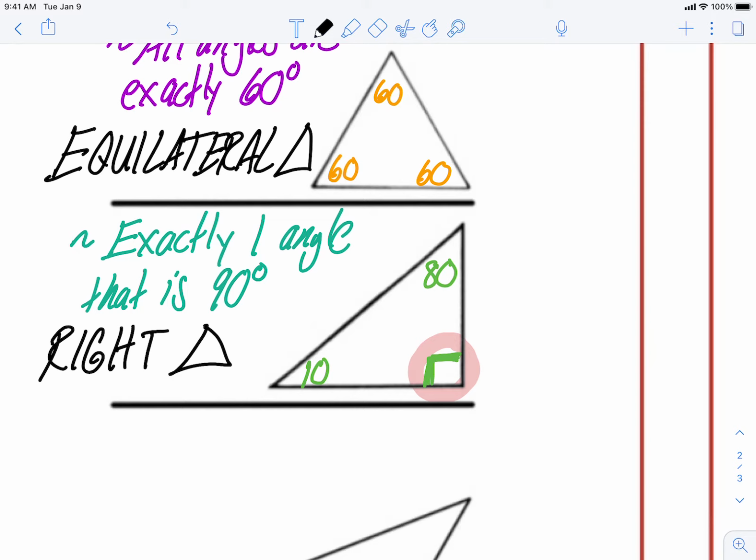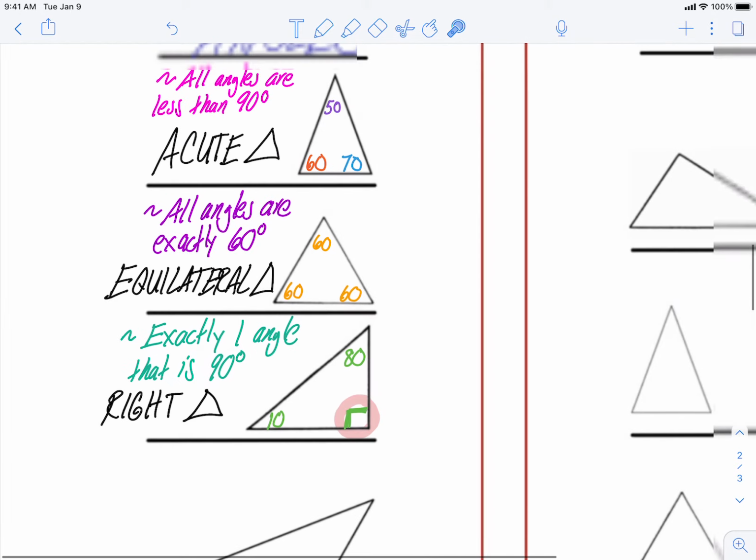Exactly one angle that is 90 degrees, which is this angle right here.